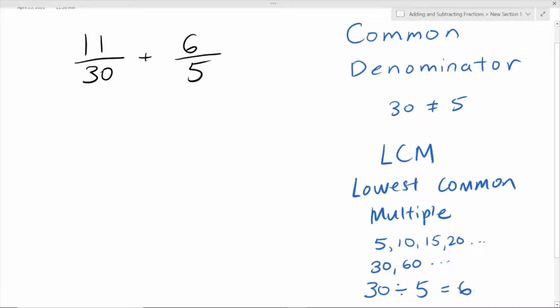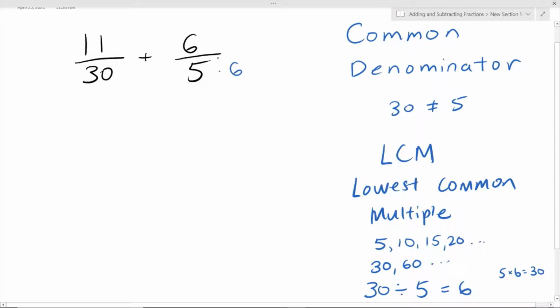So we know that 30 here is divisible by 5, and so we know that 5 times some sort of number is going to give us 30. As we said, 30 divided by 5 gives us 6, which basically means that 5 times 6 is going to give us 30. So here we just multiply by 6 and we're going to get 30.